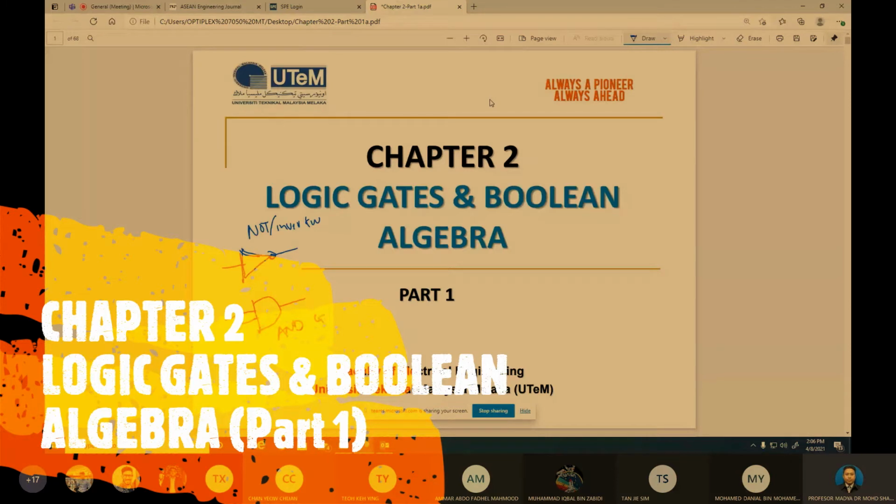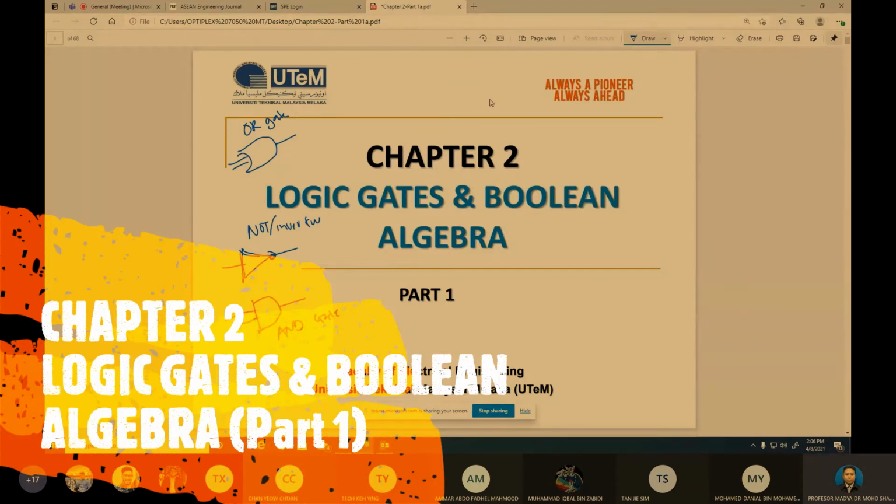So this is the AND gate. Another basic one is the OR gate. And the NOT gate is sometimes called the inverter, or sometimes the complement.